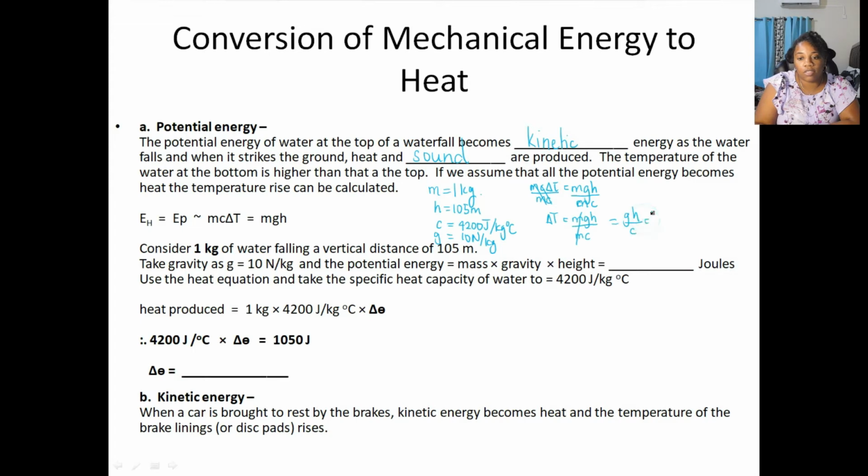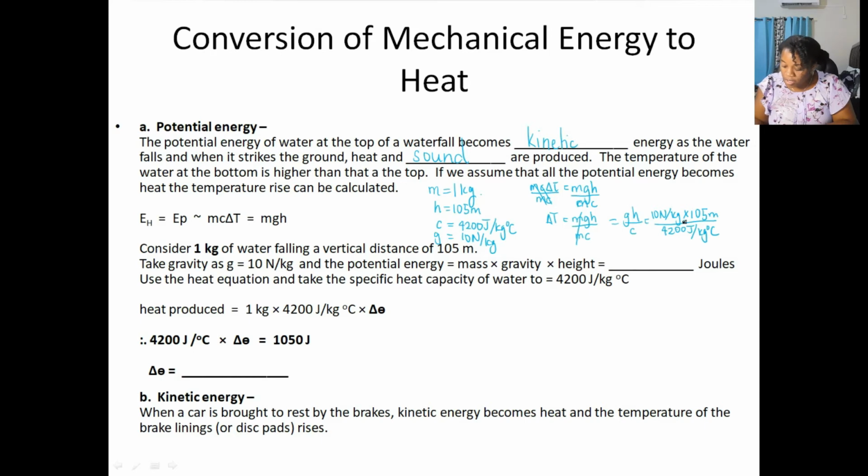And since the gravity is 10 newtons per kilogram and the height is 105 meters over 4200 joules per kilogram degrees Celsius, we start to calculate now.